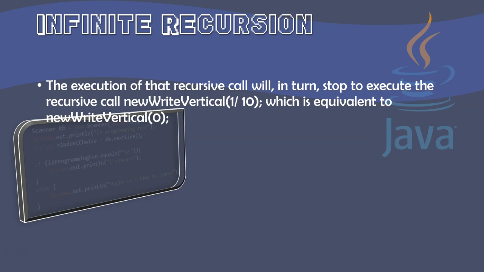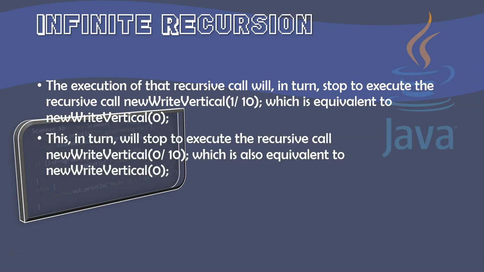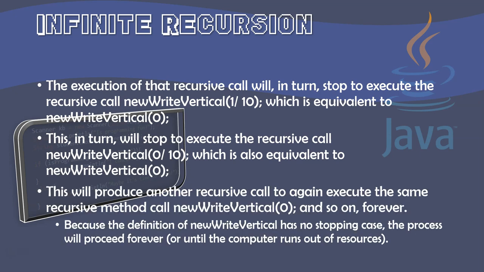The execution of that recursive call will in turn stop to execute the recursive call new right vertical 1 divided by 10, which is equivalent to new right vertical 0. This in turn stops to execute the recursive call new right vertical 0 divided by 10, which is equivalent to new right vertical 0. This has another recursive call to execute the same method call new right vertical 0, and so on and so forth.